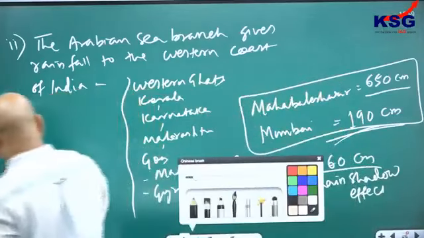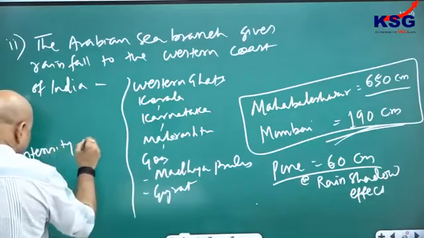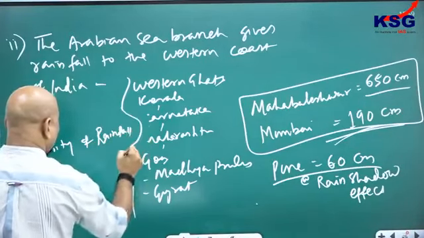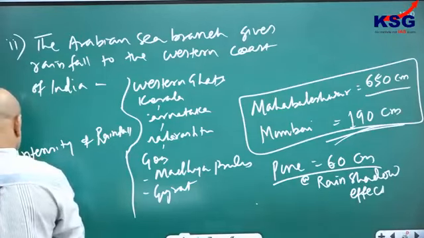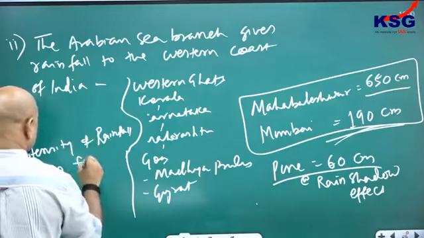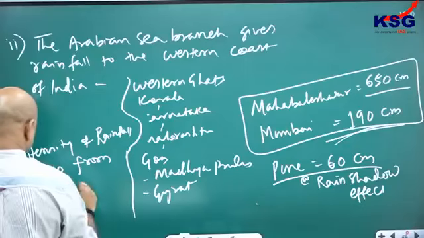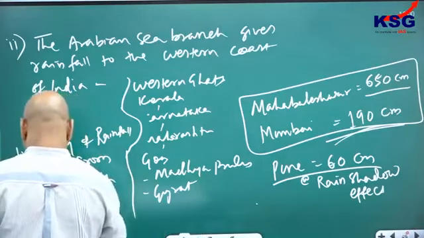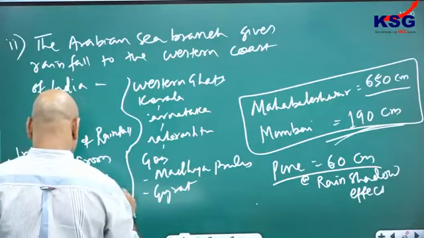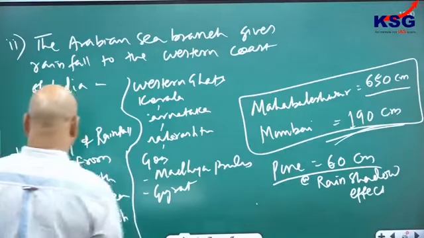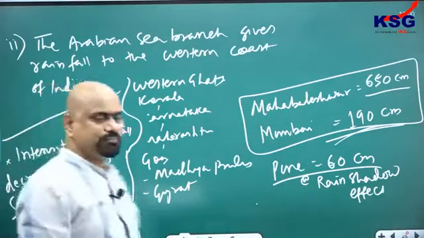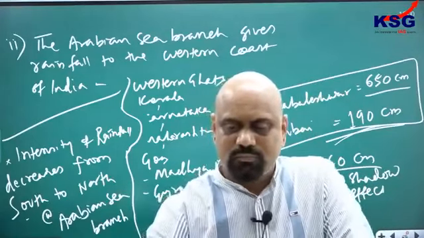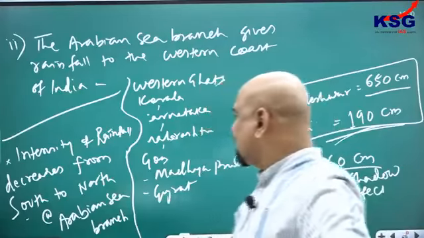Here you remember, लिखो ये बात, intensity of rainfall decreases from south to north in the Arabian Sea branch. भाई ये देखो ठीक से, अरेबियन सी ब्रांच में इंटेंसिटी ऑफ रेनफॉल डिक्रीजिंग, Arabian Sea branch.